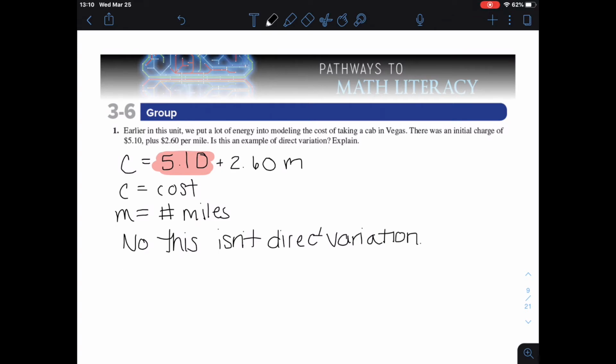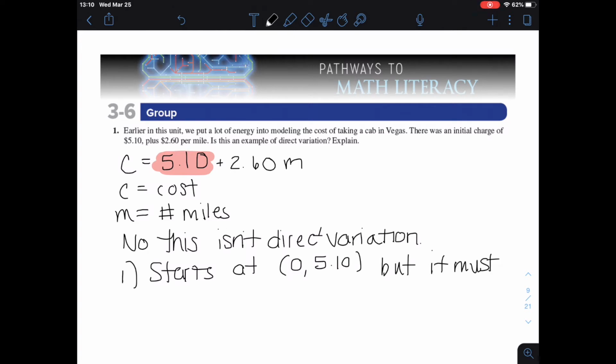The first being, this starts at, when you have no miles, you have that $5.10 fixed fee. But it must go through 0, 0 for direct variation.